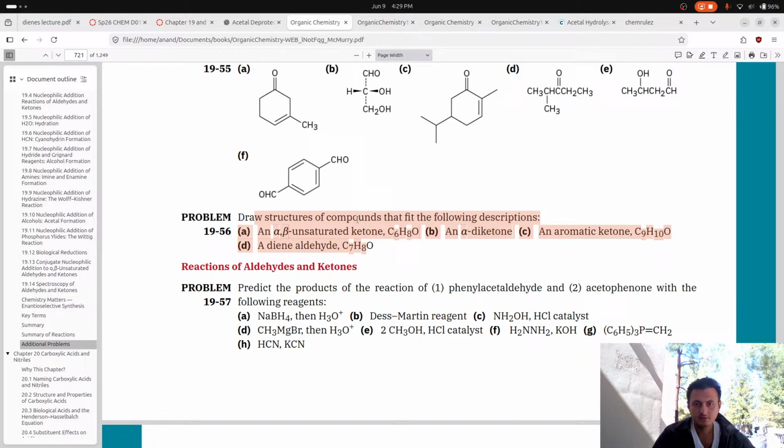Okay. An alpha beta unsaturated ketone, C6H8. So just put the carbonyl here, and the alkene here. We need another.